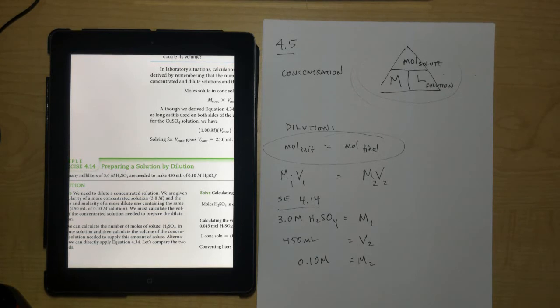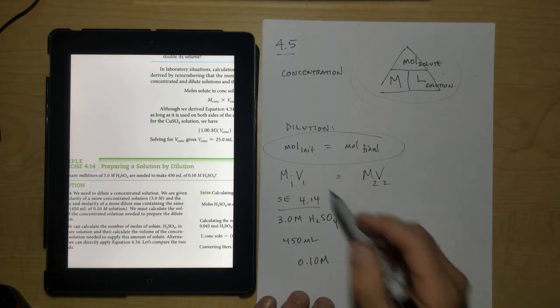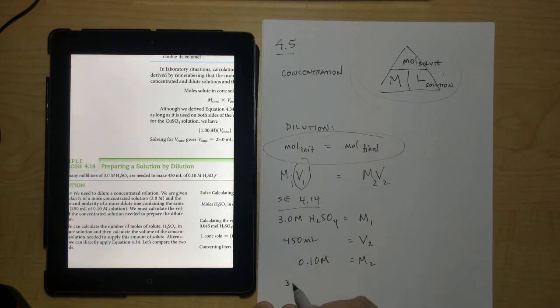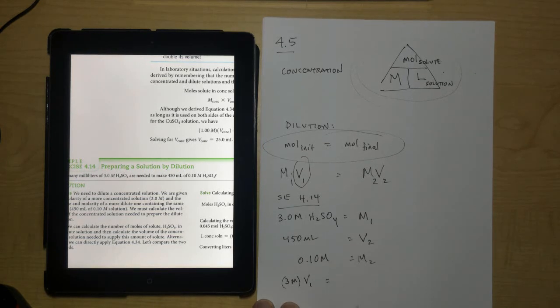Now I can plug it into this equation. I'm going to find out how much of this initial molarity I'm going to need. So 3 molar times my initial volume is equal to my final volume, 450 milliliters, times my final molarity, 0.1 molar. As long as the units match, I can use milliliters in here. Just know that my volume is going to end up being in milliliters.